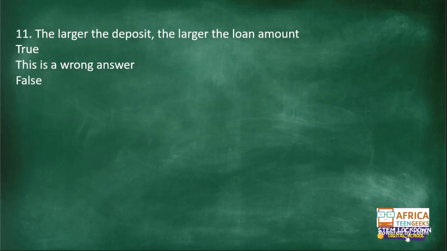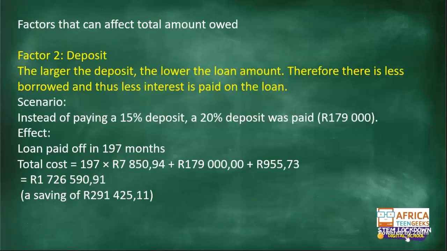So bear in mind, as we wrap up our lesson, I wanted us to also look at the next scenario where a deposit is made. You can see that the larger the deposit, the lower the loan amount. So if you pay more deposit, then your loan amount will be less. For instance, in this scenario, instead of paying 15% deposit, let's pay 20%.